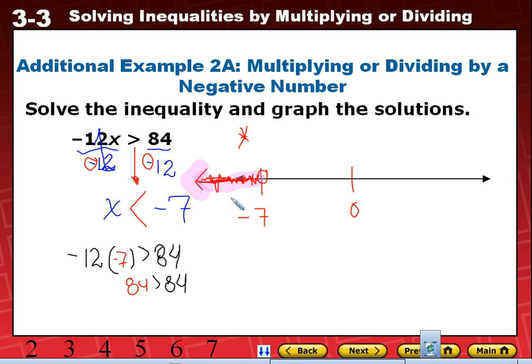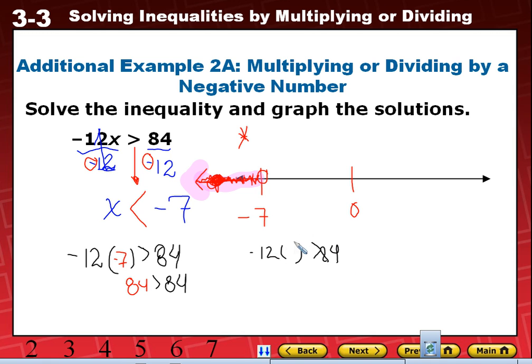So what other point would you like to test from this section here? Okay, -10. Yeah, -10 is about right here. So let's do that. I'm going to rewrite this, -12, open parentheses, greater than 84.